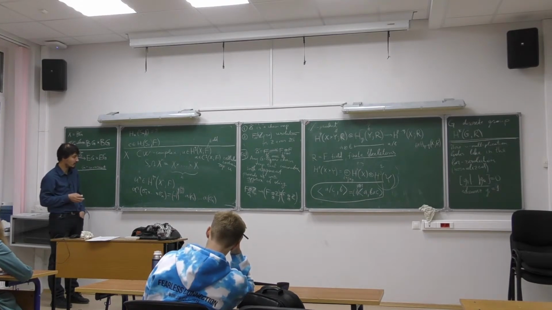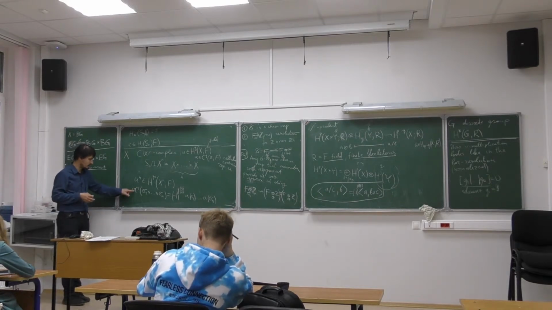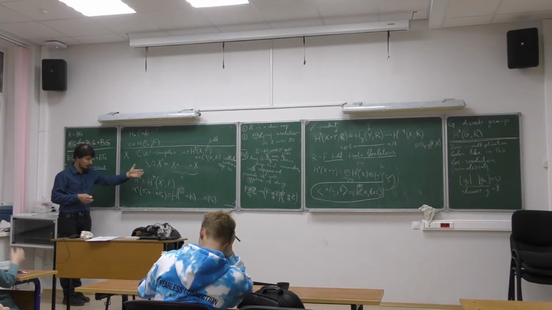Now I claim that this cochain is equivariant. What does it mean? If I apply S_n, the cochain is just invariant under this action. It is not completely true.